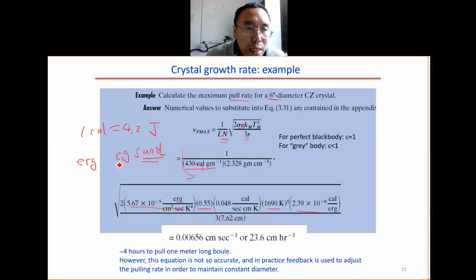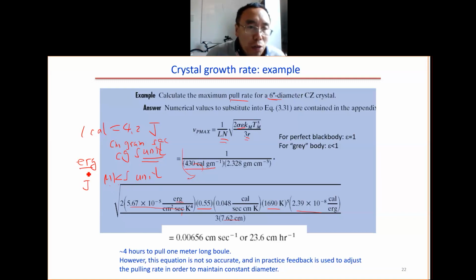C means centimeter, gram, second. So erg is energy in the CGS, the centimeter, gram, second unit. So we know that the joule is the MKS. Joule is energy for the MKS unit, which is meter, kilogram, second.